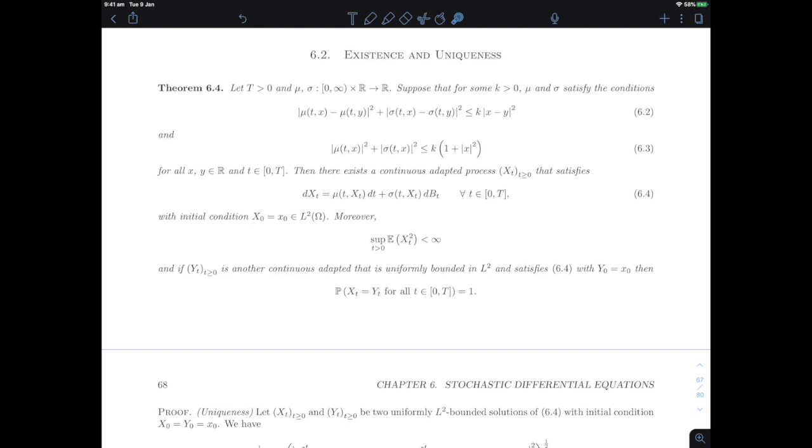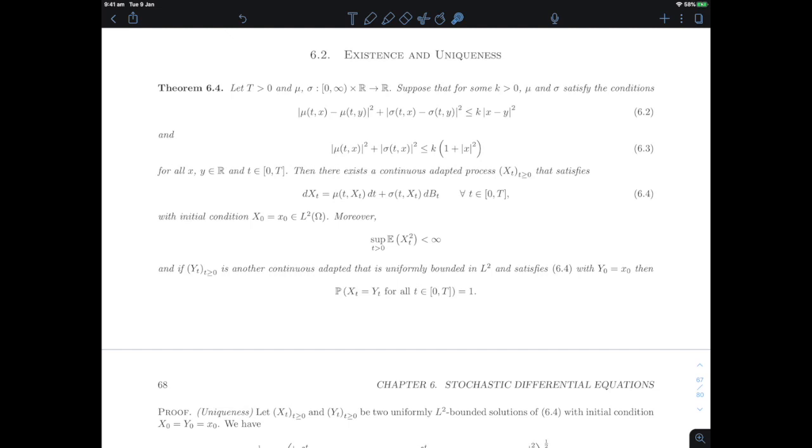And the way you formalize this concept of uniqueness is in the following way. You say that if I have another continuous adapted process Y that also satisfies this condition, so the supremum over t of the expectation of Y(t) squared is finite, and of course starts at the same initial data, then basically this process X(t) has to be Y(t).